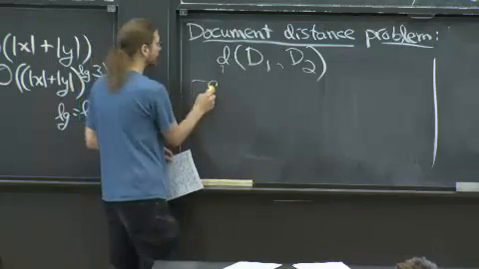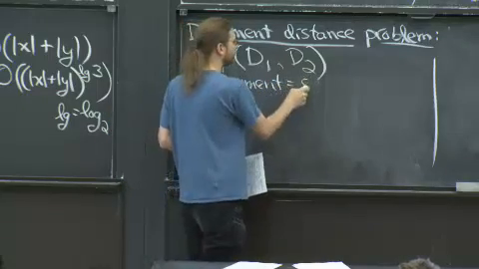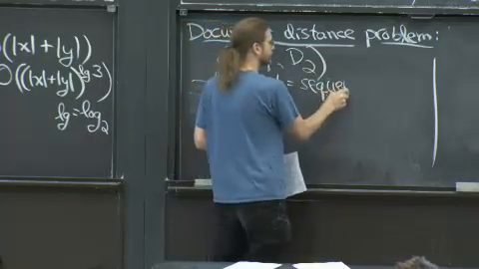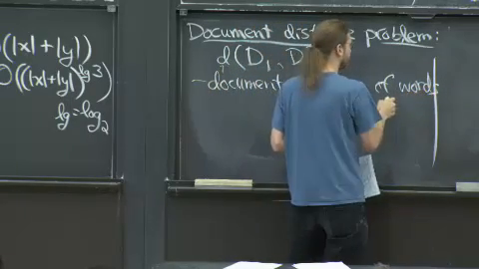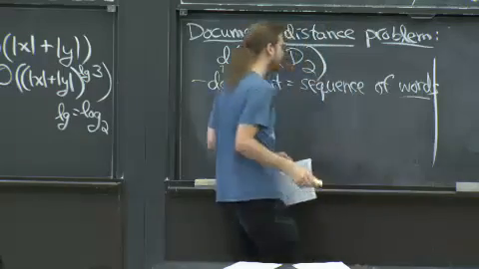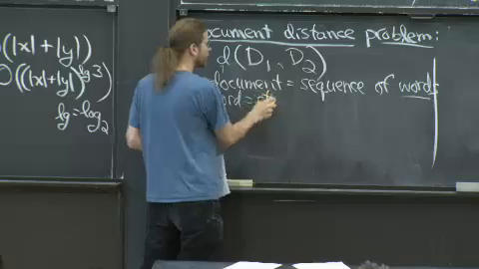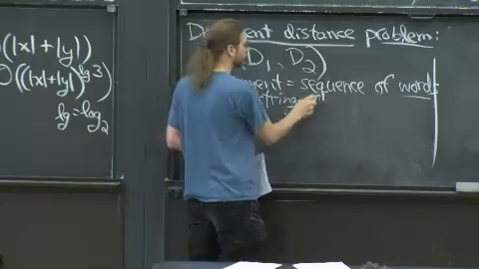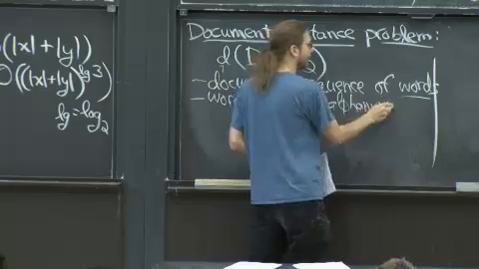All right. I'm going to think of a document as a sequence of words. Just to be a little more formal, what do I mean by a document? A word is just going to be a string of alphanumeric characters, A through Z and 0 through 9.